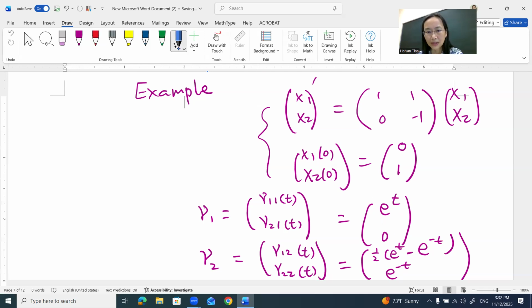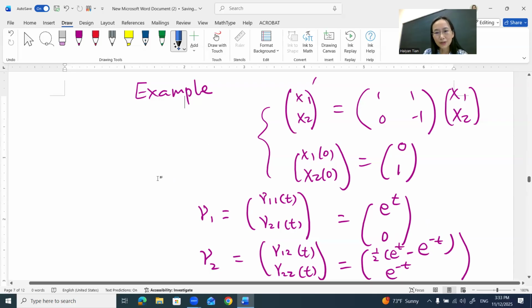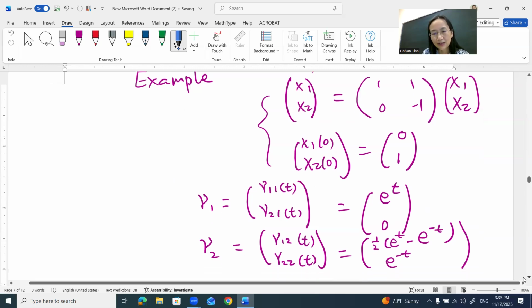That it satisfies the equation can also be checked. For gamma 2, when t is 0, the first entry is 0 and the second is 1, so 0, 1. So gamma 1 and gamma 2 satisfy different initial conditions and also the equation, if you double check.